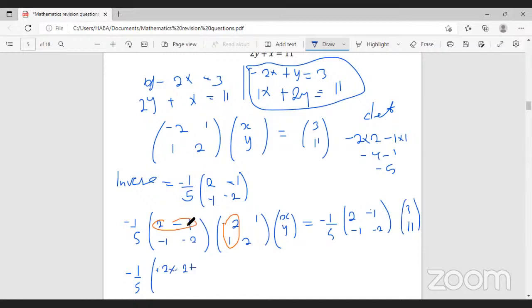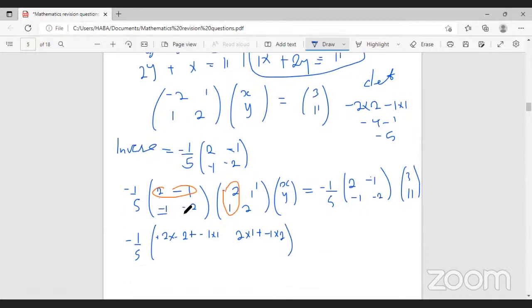Then we add negative 1 times. Then we go to the second row: 2 times 1 plus negative 1 times 2.